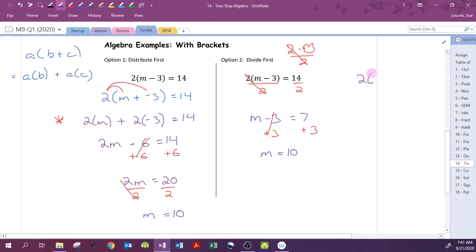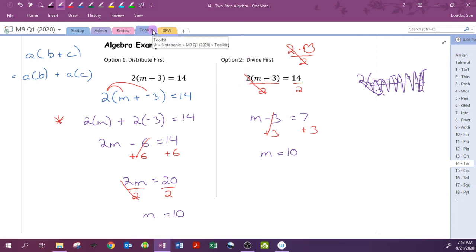If the question was 2 times m minus 3 equals 15, and I were to divide by 2 and divide by 2, well, now I've put a fraction into the question. Why would I want to do that to myself, right? So I wouldn't divide by 2 if it equaled 15. Okay, it's just making things more complicated. So the distribution is always a good option, but sometimes it's a little faster to do the division first.